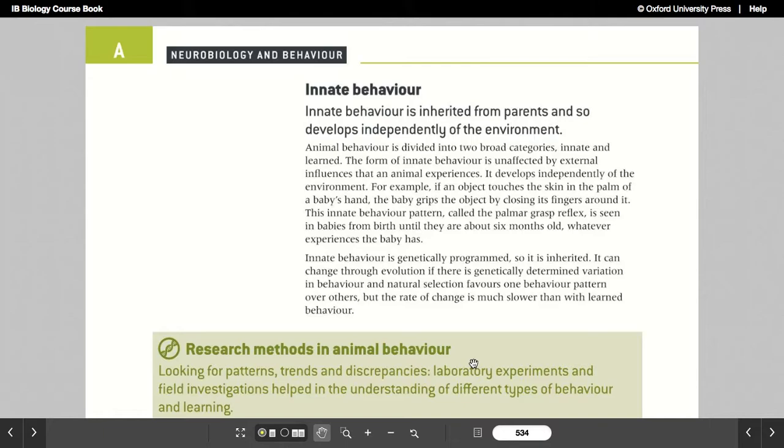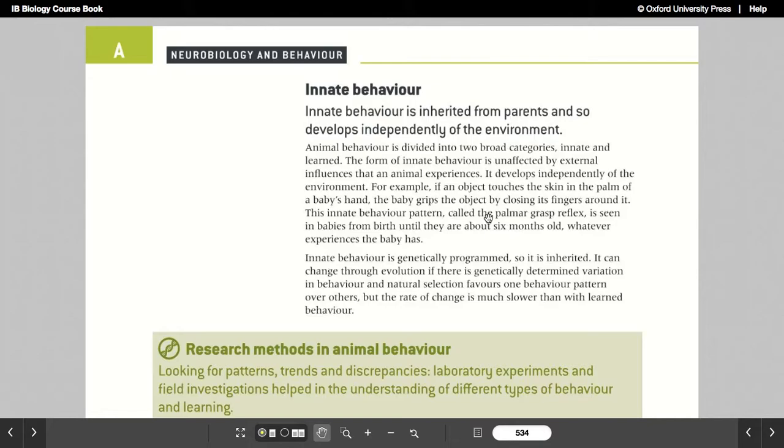And behavior can either be innate or it can be learned. So innate would be like reflexes, or when they're talking about how if you put your pinky around a baby's hand, a baby is going to grasp its fingers around your pinky. And we call that the palmar grasp reflex. And we also have reflexes like on the bottom of a baby's foot.